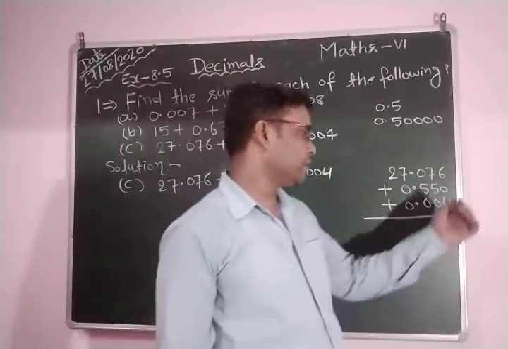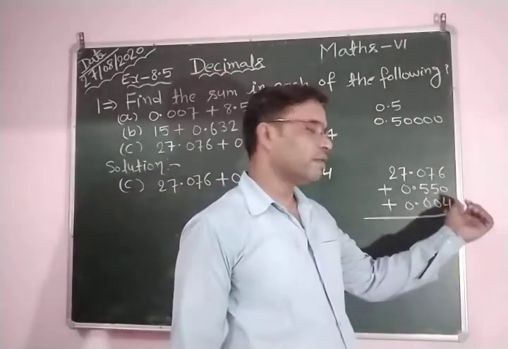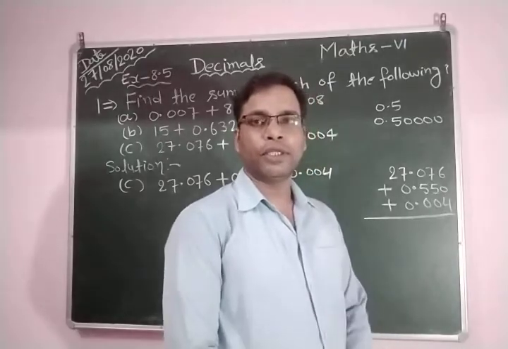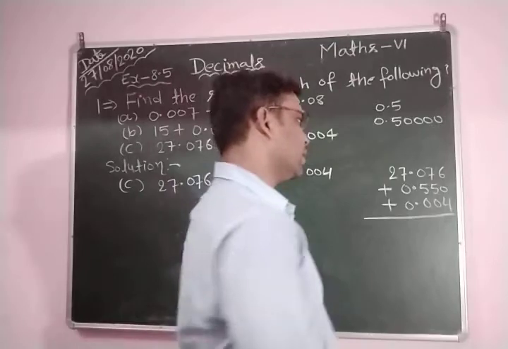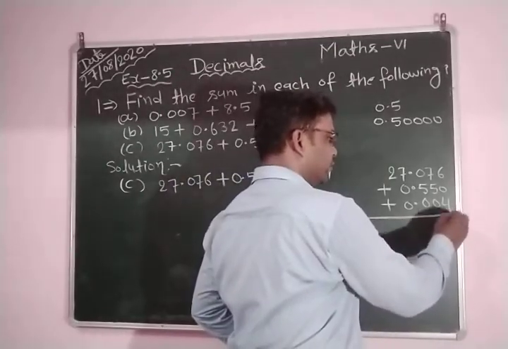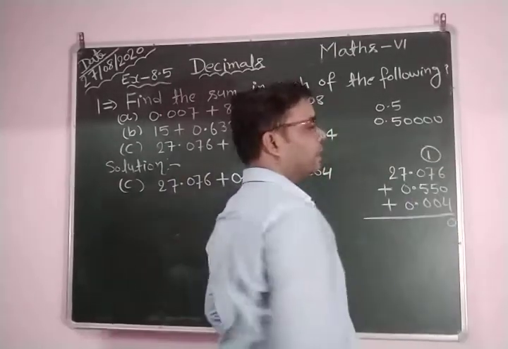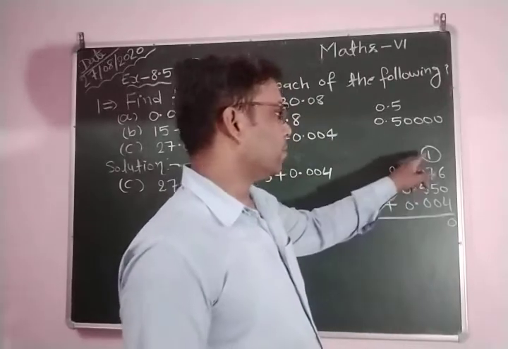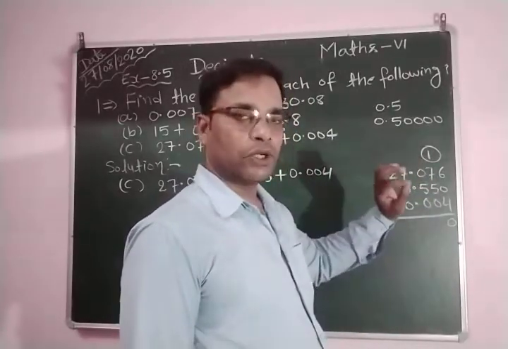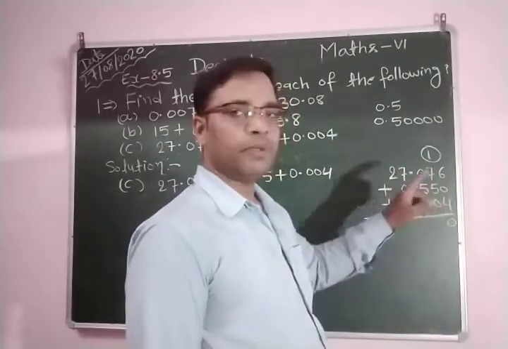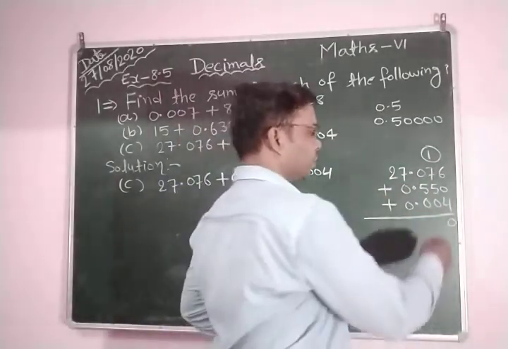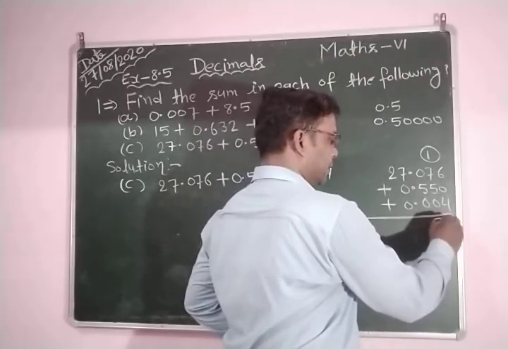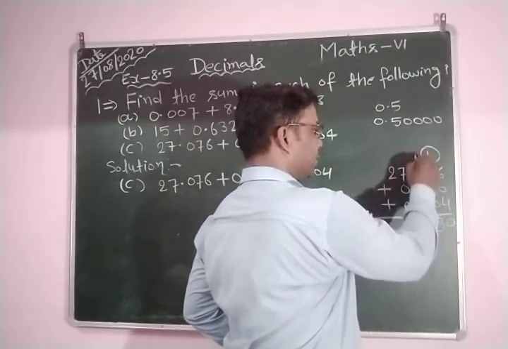So the thousandth place digits are 6, 0, 4. So 6 plus 0 is equal to 6, and 6 plus 4 is equal to 10. So here you write 0, carry 1. Okay. Again 1 plus 7 is equal to 8. 8 plus 5 is equal to 13, and 13 plus 0 is equal to 13, and we write here 3, again carry 1.